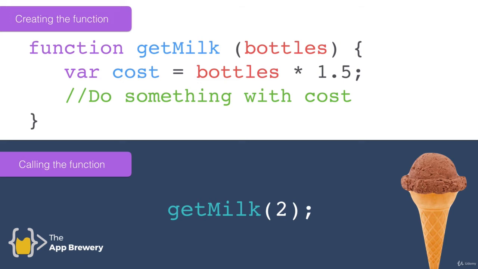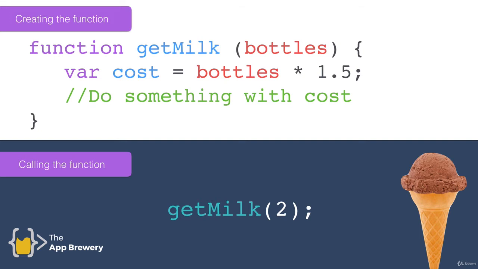In this case, we're calculating the cost. Say if 1 bottle of milk costs $1.5, then depending on the number of bottles of milk the master wanted, we would have to calculate the amount of money we have to give to the shopkeeper, right? Now, when you call this function, it's similar to what we did previously, but this time, instead of having empty parentheses, we're giving the input of 2.